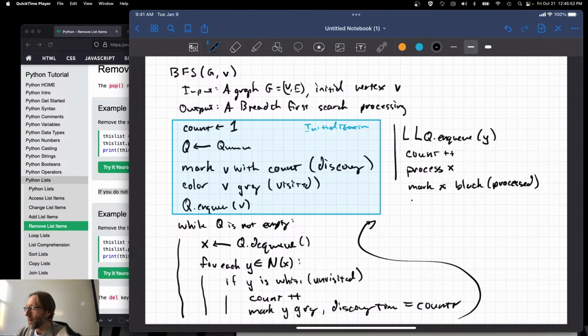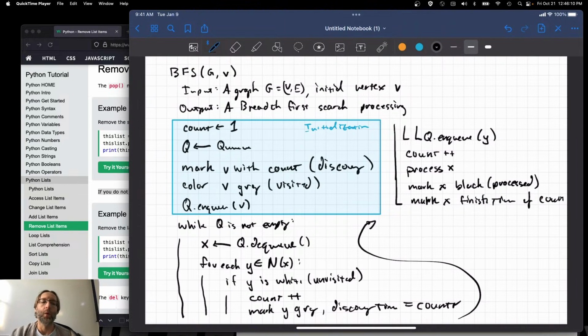And then mark X with a finish time of counter. And that's it. That's the end of the outer while loop.